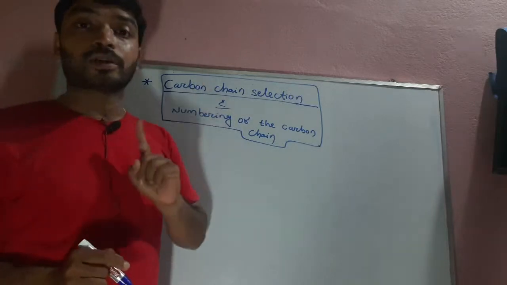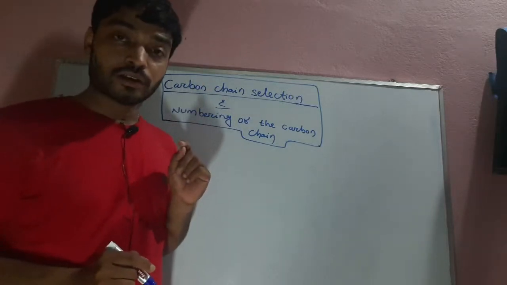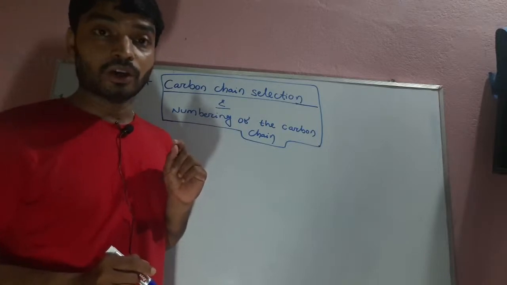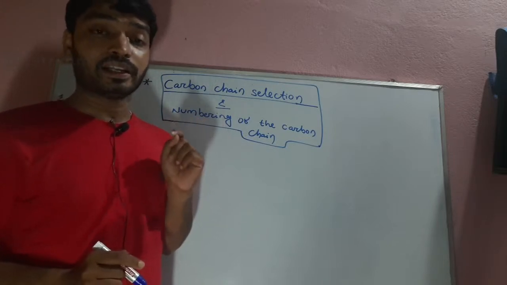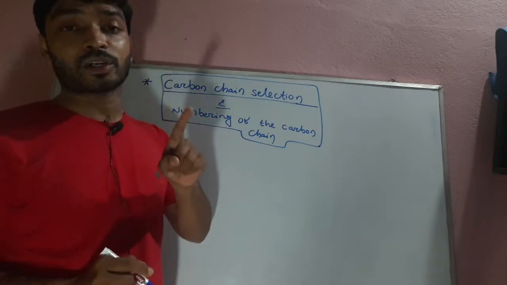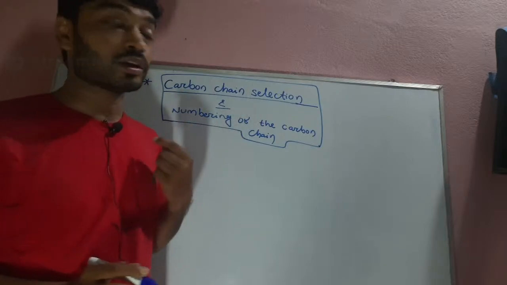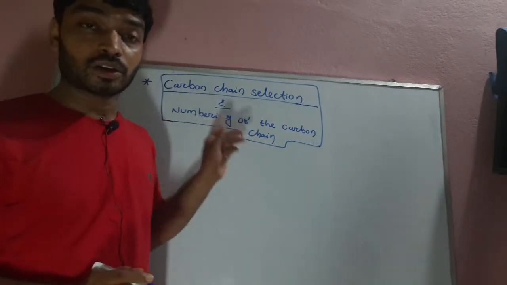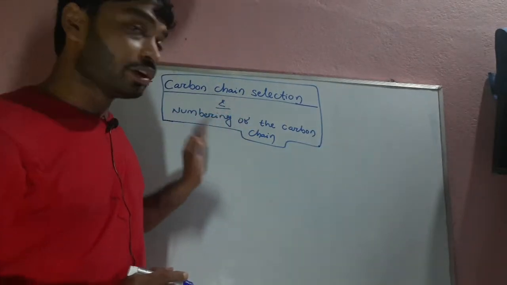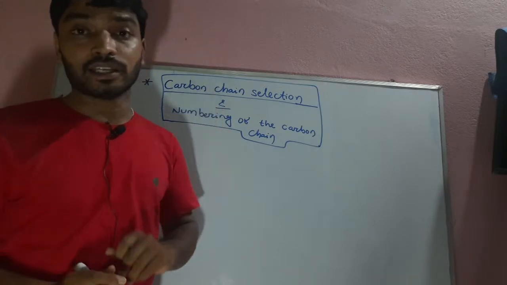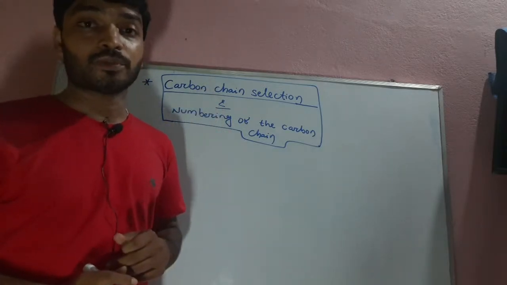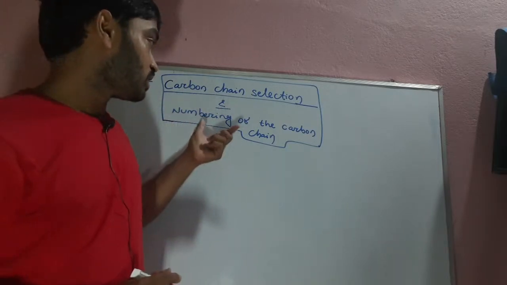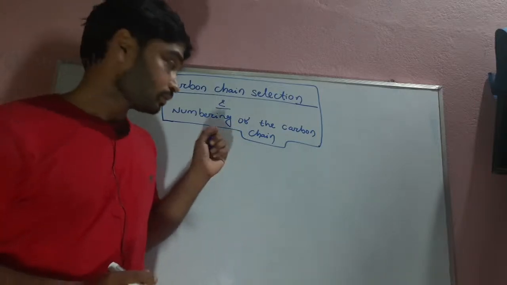Then, if the carbon chain contains a functional group containing no carbon atom, the carbon atom directly linked with the functional group occupies the number one position, following the chain continuity rule. Numbering always starts from the carbon atom of the monovalent functional group. So let's practice some questions and we will move further.